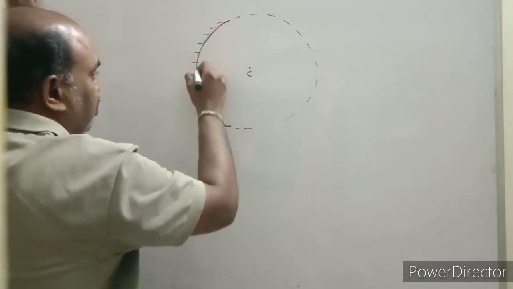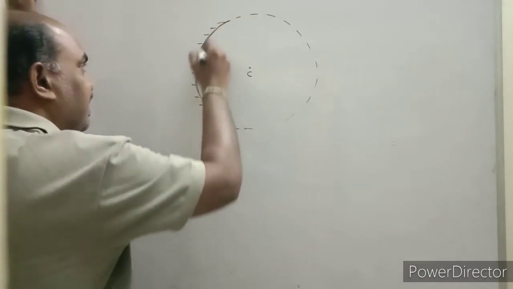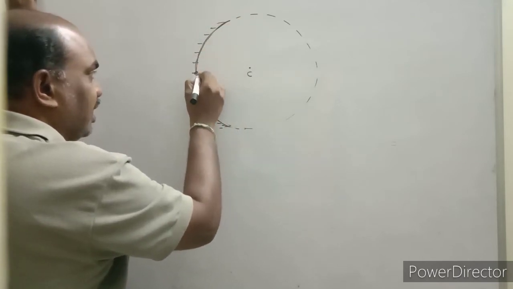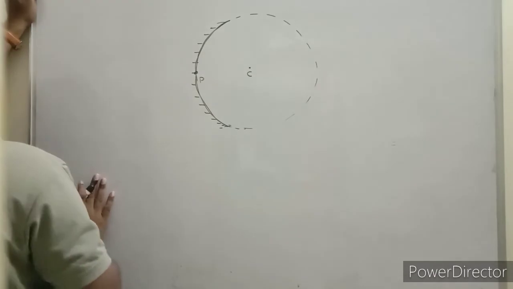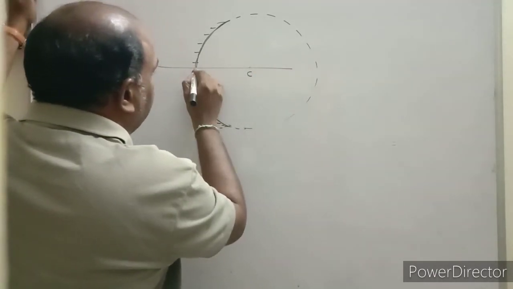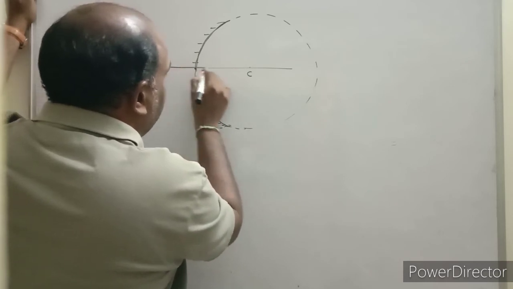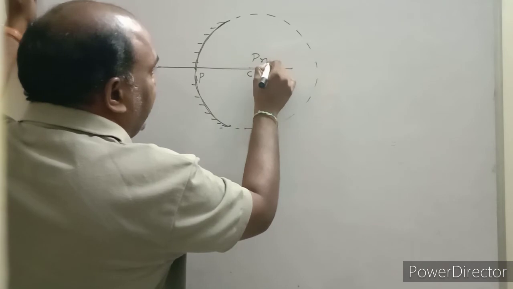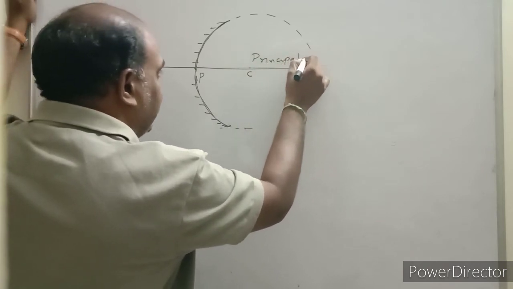Let us consider this is the mirror. You measure this length with the help of thread, and the midpoint of the thread, the geometrical midpoint, is called the pole. The imaginary line passing through the pole and center of curvature is called the principal axis. This is called the principal axis.